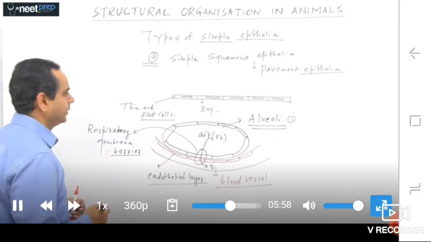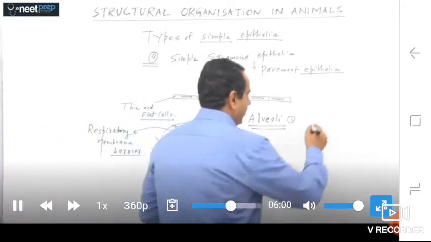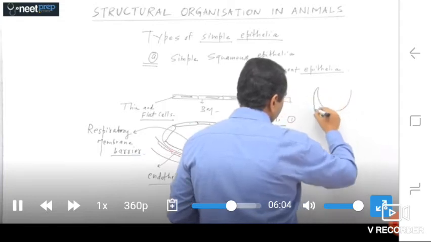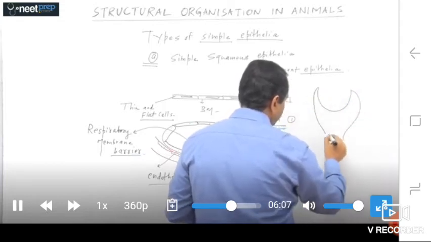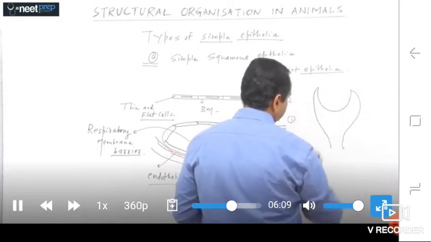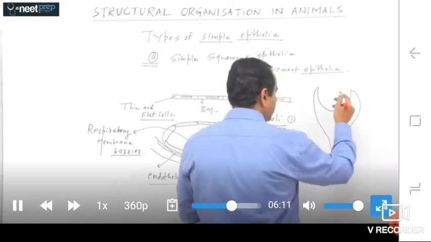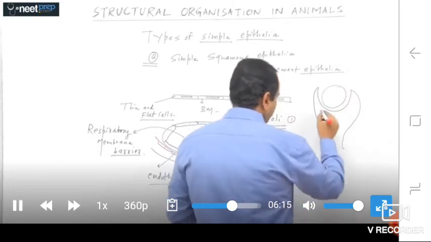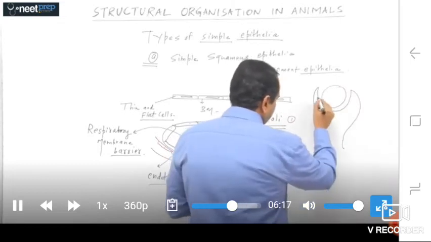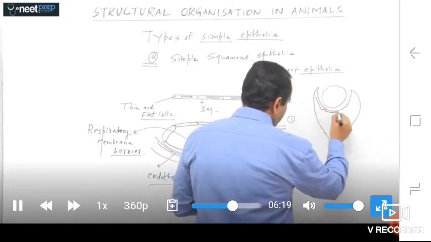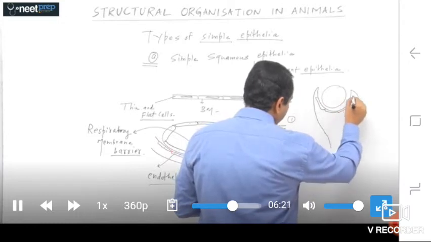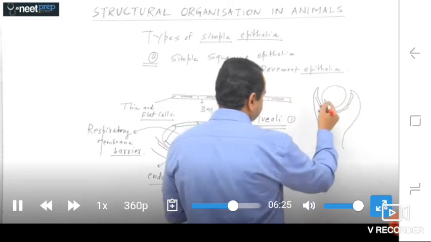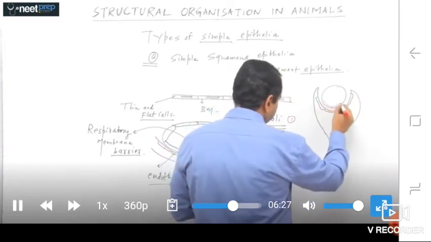Number two, if we see the structure of Bowman's capsule, and here the glomerulus, the blood capillary, the same structure is there, the same double layer is there. Look at it here.